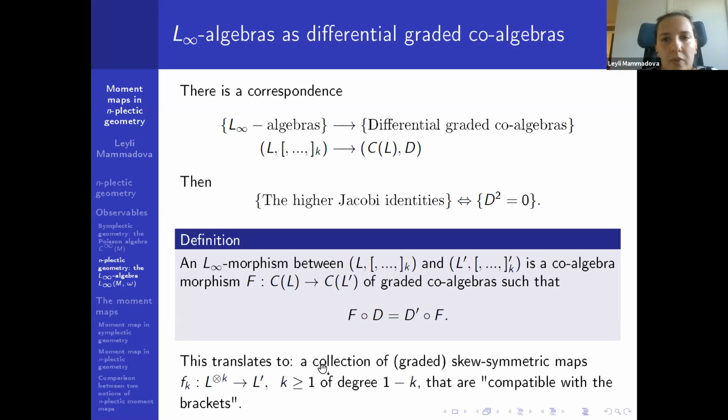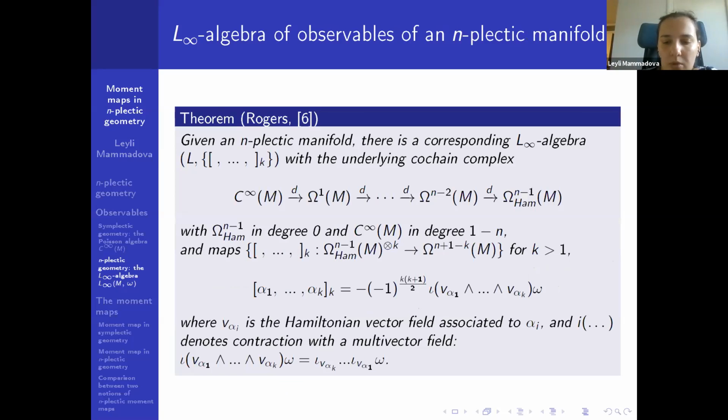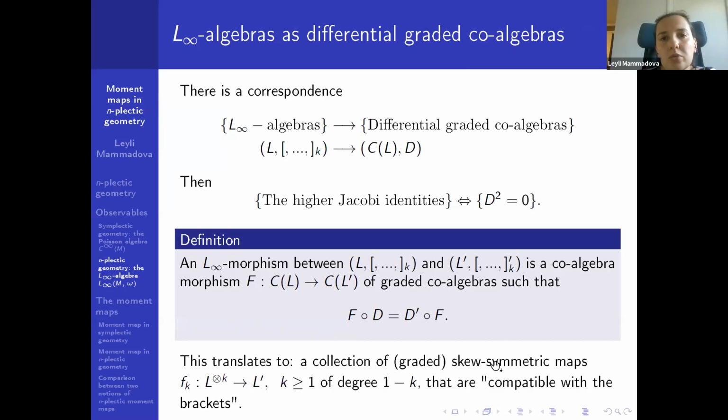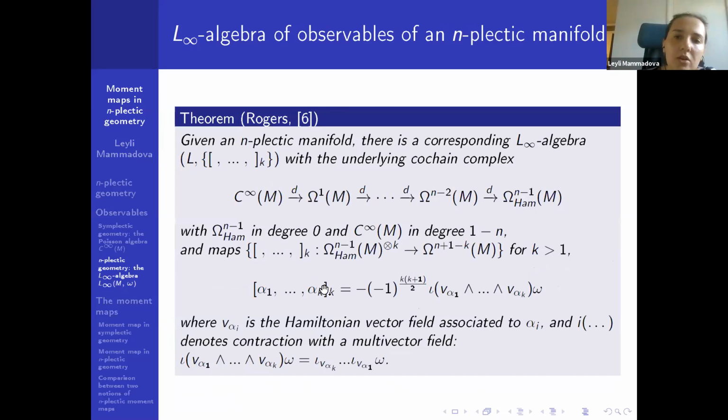Okay. Right. So, why were we doing all this? Why do we need infinity algebras? Well, to associate a nice object to an n-plectic manifold.